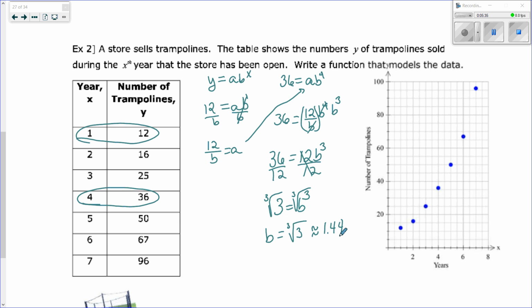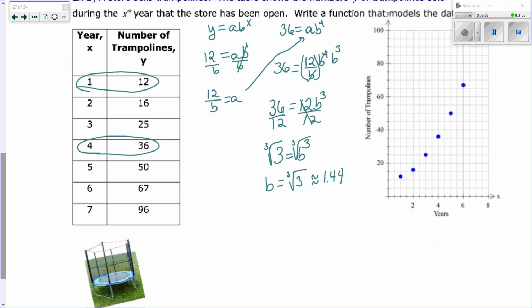And then we need to find a. And in order to find a, I'm actually going to use the cube root of 3 instead of a decimal approximation. So I'm going to say 12 equals a times the cube root of 3 to the first. So really we're just dividing by the cube root of 3. That will cancel out. So a is equal to, in the calculator when you approximate, 8.32.